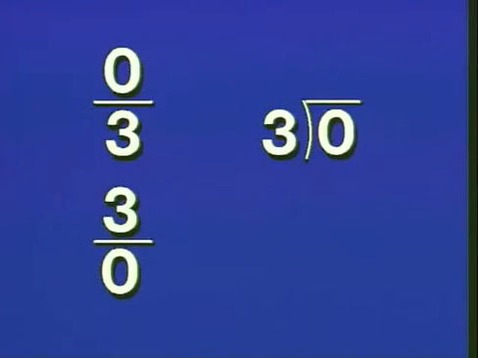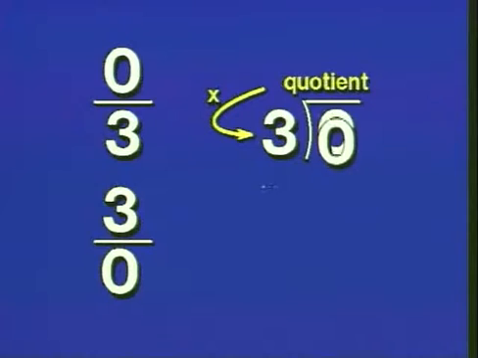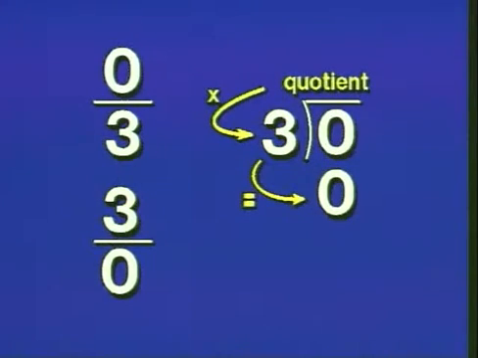Now what's the nature of long division? It means that we're looking for a number that we call the quotient, which when multiplied times the divisor gives the dividend. In other words, what number times 3 is equal to 0? And we can answer that question with a number, and that number is 0. That's why 0 over 3 is equal to 0.